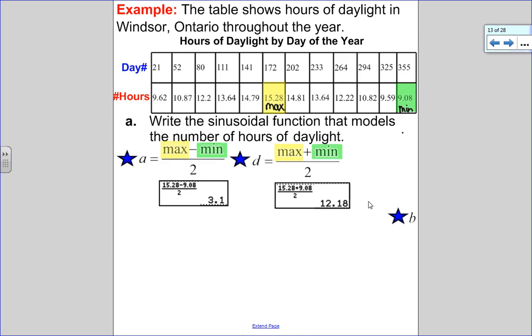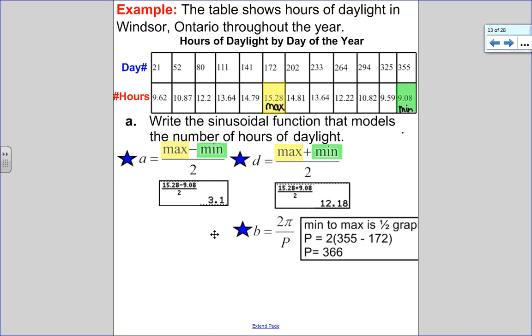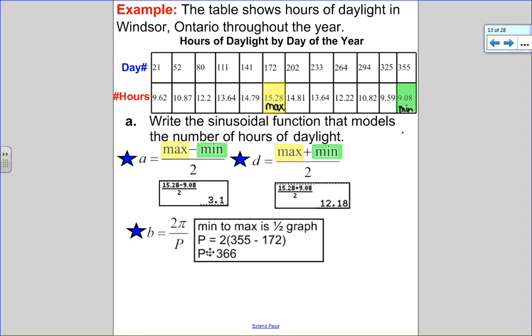Okay, next thing I'm going to look at is the period. The distance between max and min, the time it takes to go from max to min, is half of the graph. So between day 172 and day 355, that is half of the graph. So my period, if that's half of the graph, will be double that.